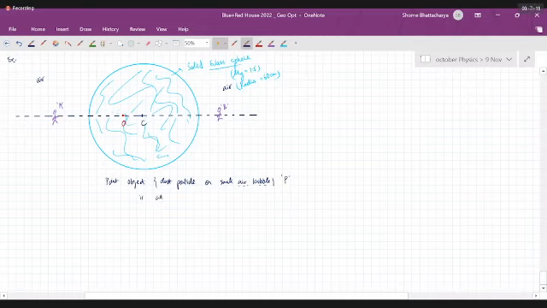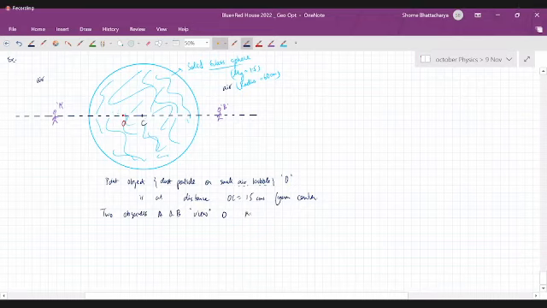P, oh sorry, not P, it's O. I've labeled it in the diagram as O. It is at a distance OC equal to 15 centimeters from the center. Two observers, A and B, view that point object O normally, that is by paraxial rays from either side.